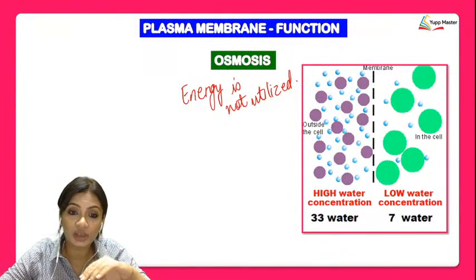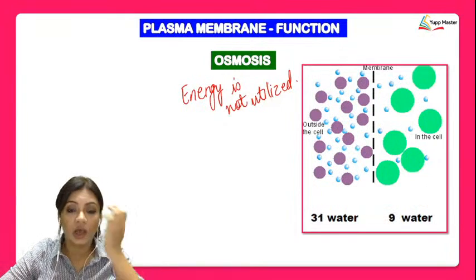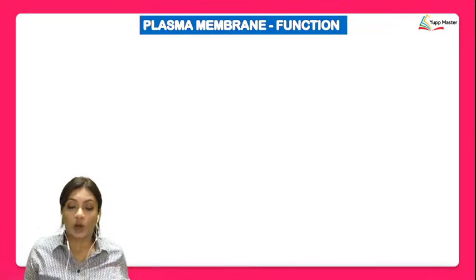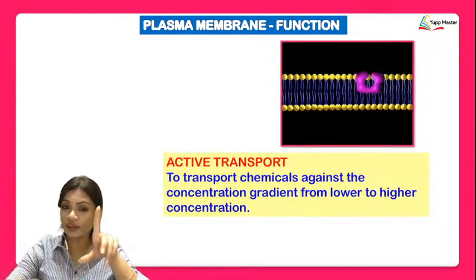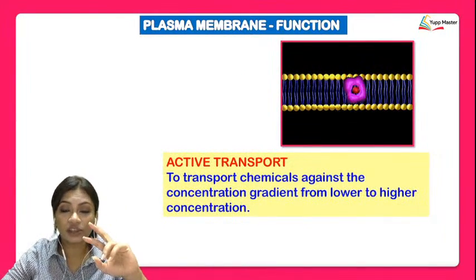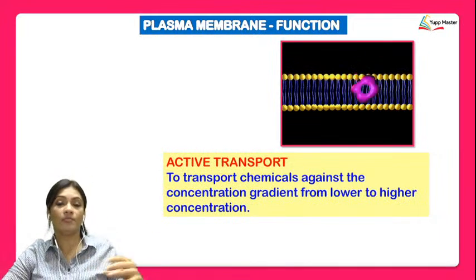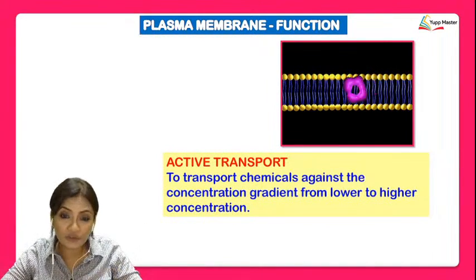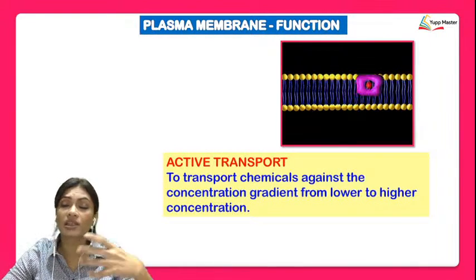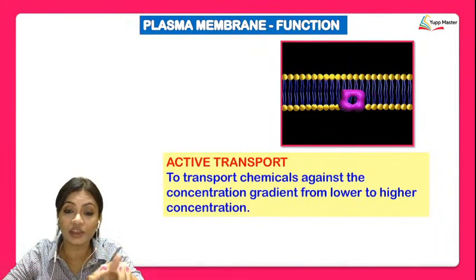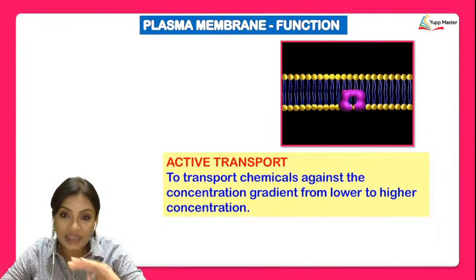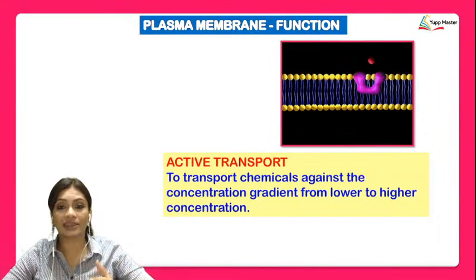And osmosis is basically all about the water molecules. All right. Next function, the first function was diffusion. Second function we spoke about was allowing osmosis to happen. Second function we also spoke about in the unicellular organisms where they are forming pseudopodia. Next function we come to is active transport.